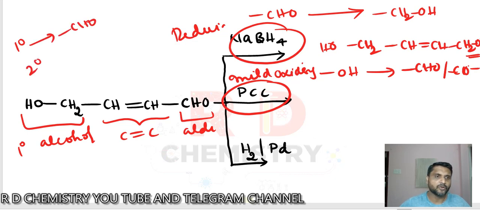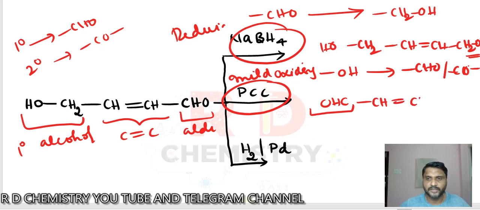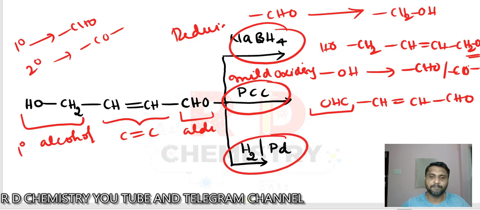A secondary alcohol is oxidized to the keto compound. But this is a primary alcohol, no other change is taking place. So it converts the CH2OH into CHO. That alcohol becomes an aldehyde, then CH double bond CH, single bond CHO. No other change.